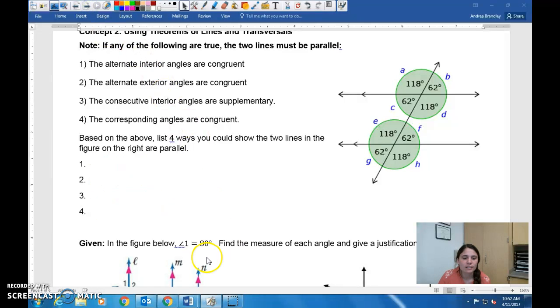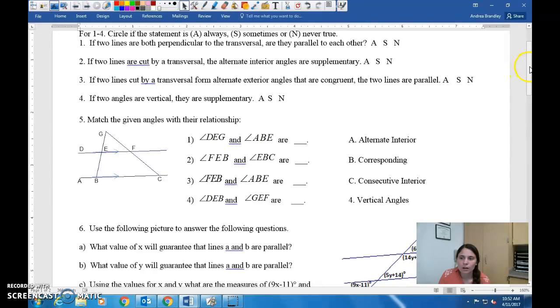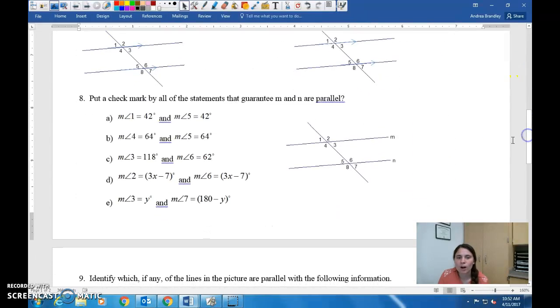So a couple of other ways of looking at that same idea are found right here. Put a check mark by all of the statements that guarantee that M and N are parallel. So I would start at A and say, okay, measure of angle 1 is 42 degrees, measure of angle 5 is 42 degrees. So 1 and 5 are corresponding angles.